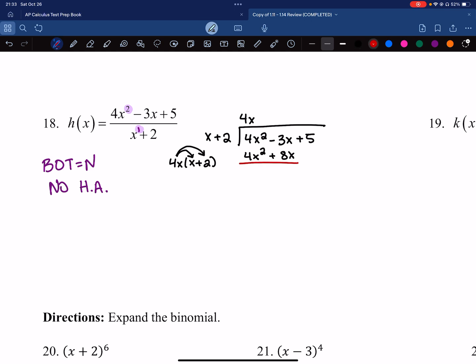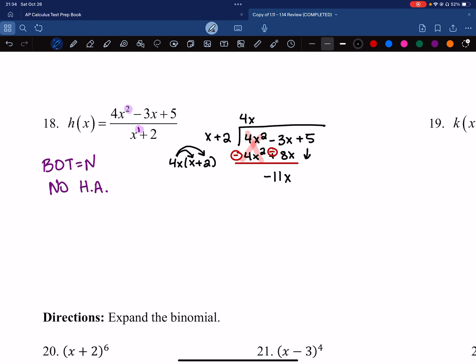We're going to draw the line, change all our signs. Then we see that we have 4x squared minus 4x squared. That cancels out. Negative 3x minus 8x is a negative 11x.